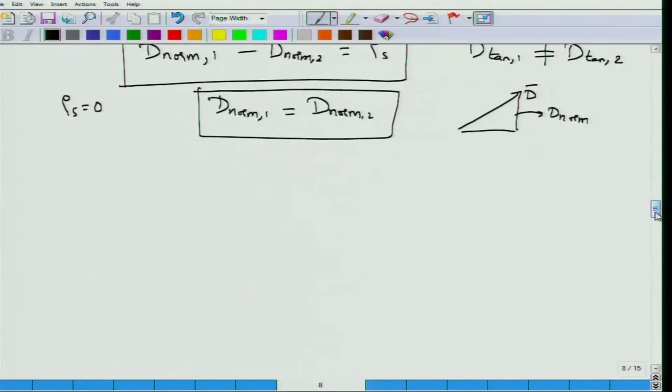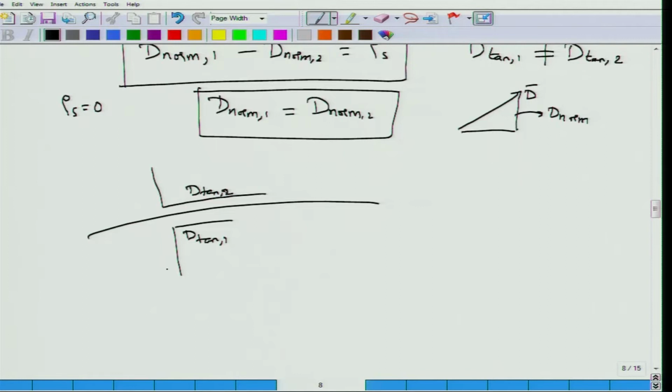This is very crucial. So across a boundary, the tangential components would be different. Let us say this is the tangential component D tan 2, this is the tangential component 1, whereas their normal components would be equal. So that actual vector would be obtained by this one, right.